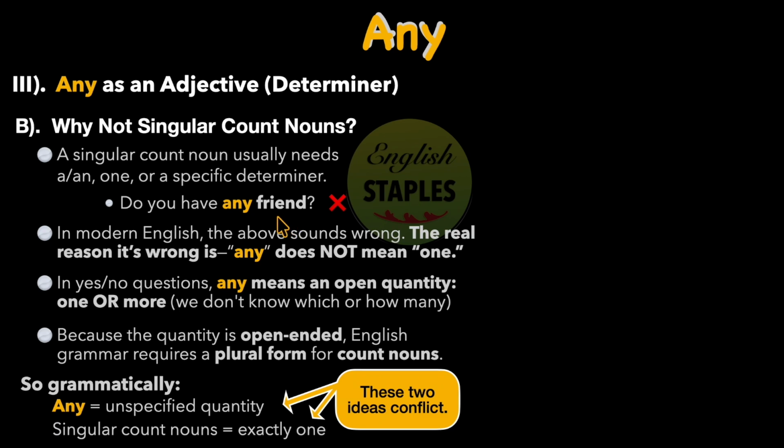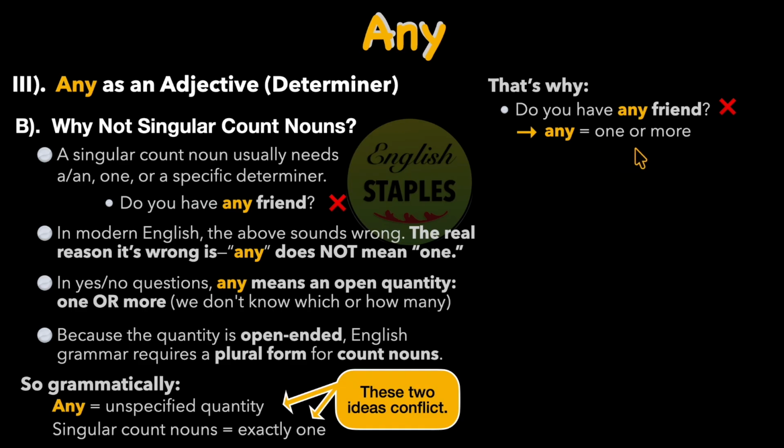Friend is one, and any is an unspecified quantity. Therefore, these two ideas conflict with each other. Do you see this? That's why, do you have any friend is wrong.